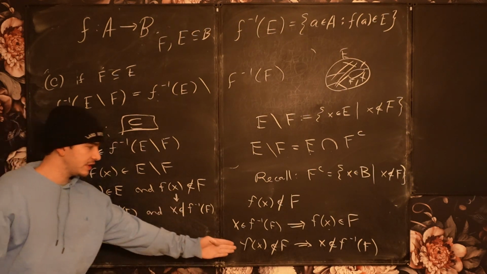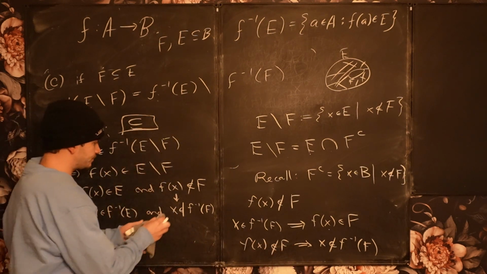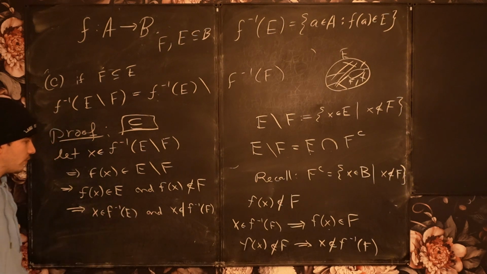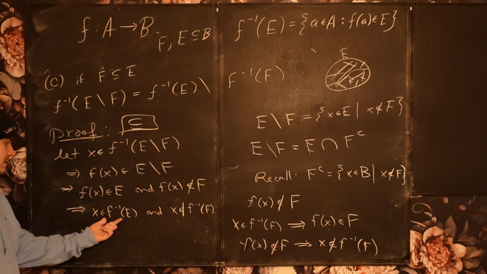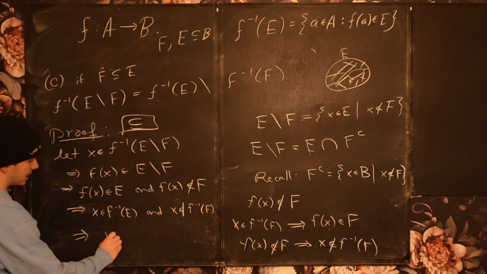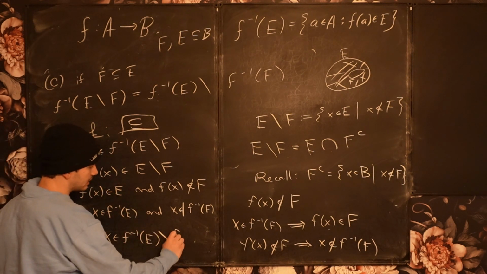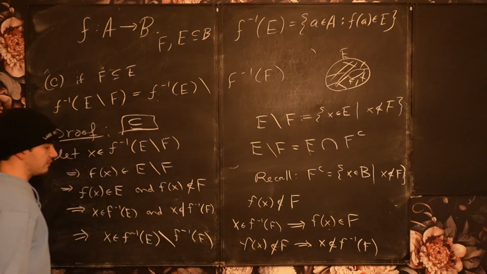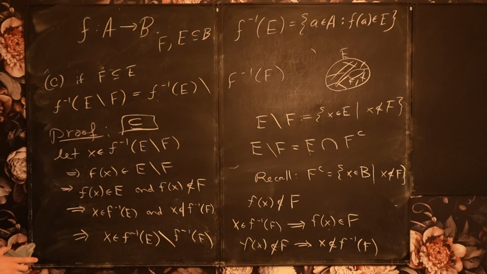Now we're here. This means that f of x is in f inverse of E and x is not within f inverse of F. So by definition, x must belong to f inverse of E set minus f inverse of F, and that proves the first direction of the set theoretic containment.